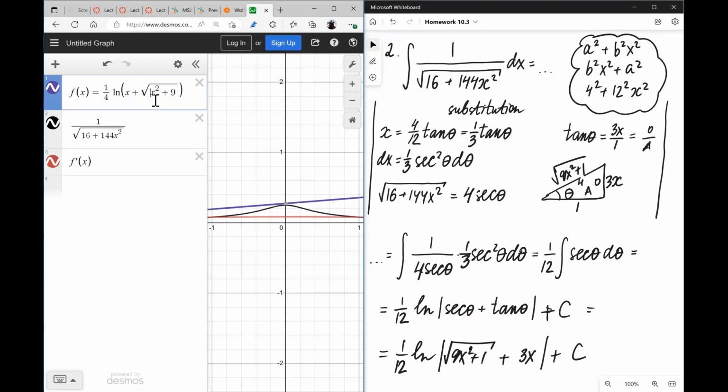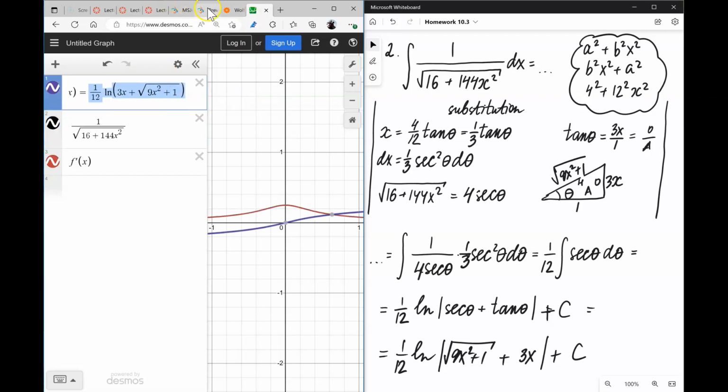We're going to put 9 over here, 1 over here, 3x over here, 1 over 12 over here. So the derivative, the red should match the black, and now it does. So this is the right answer.